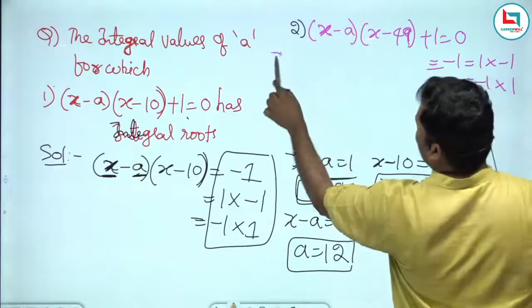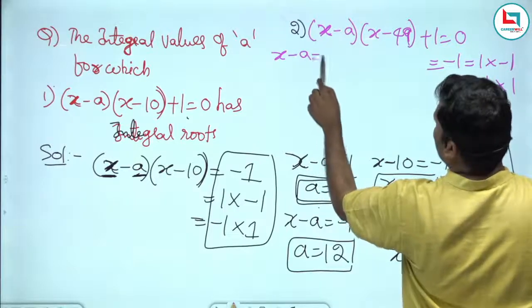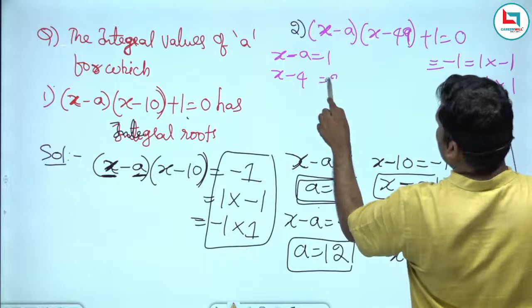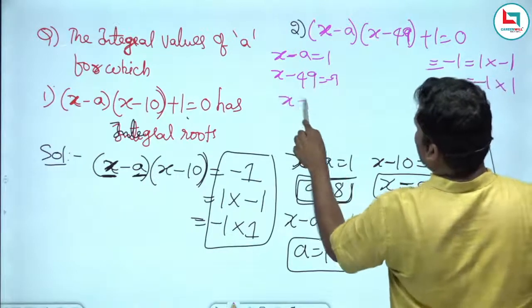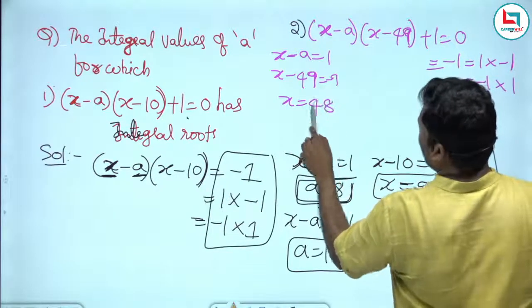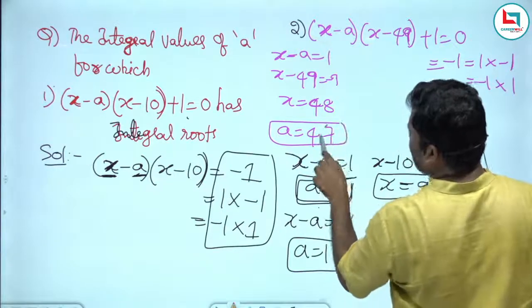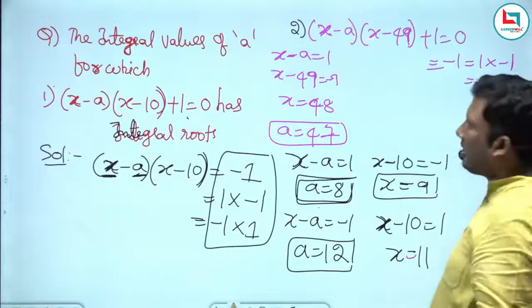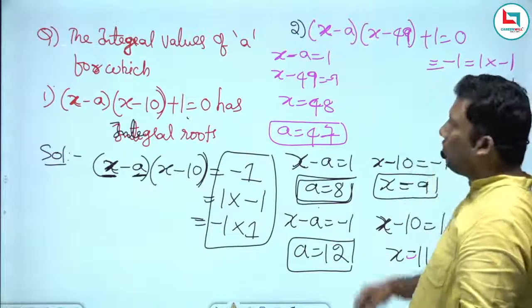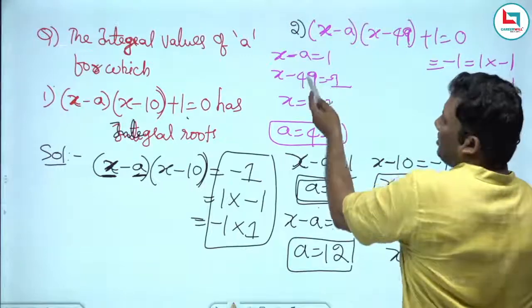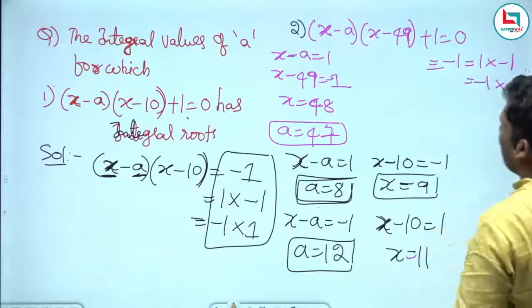So x minus A is equivalent to 1, x minus 49 will become minus 1. So x is 48, A will become 47.